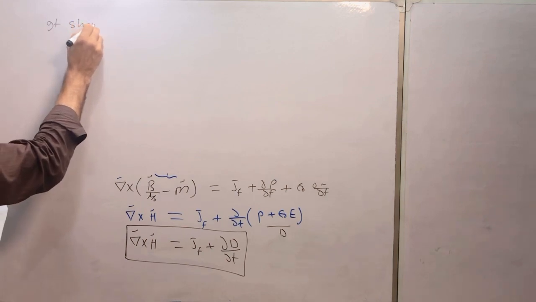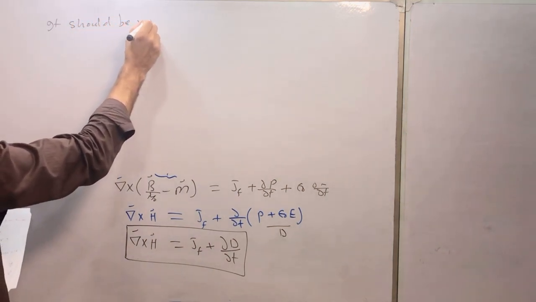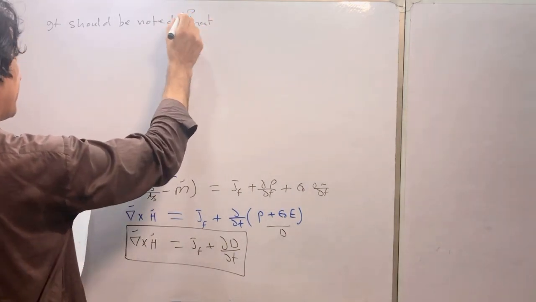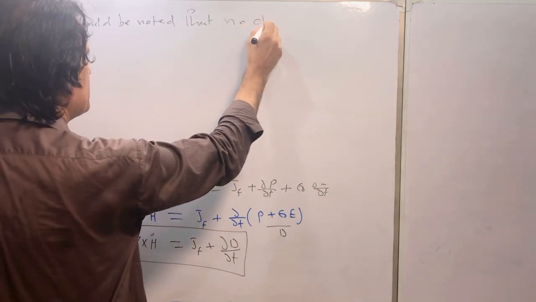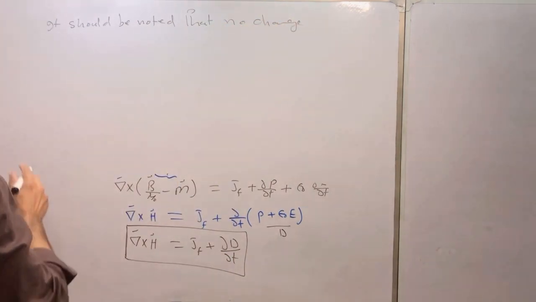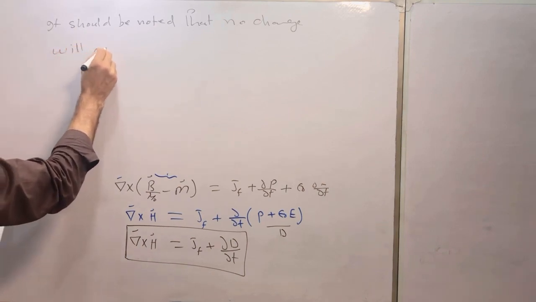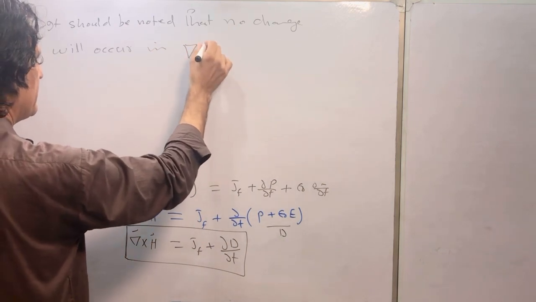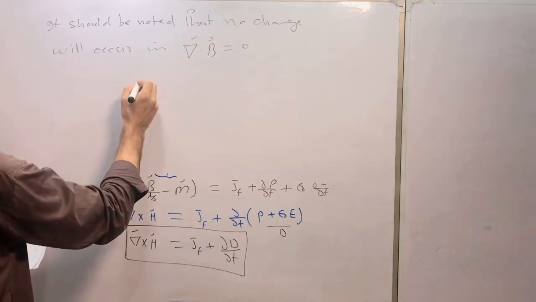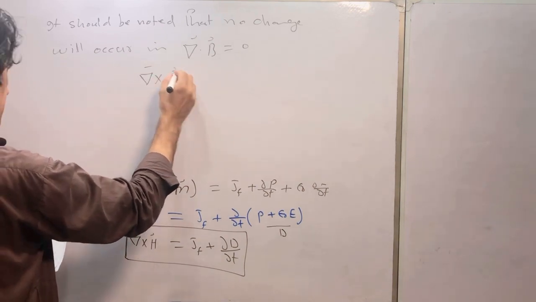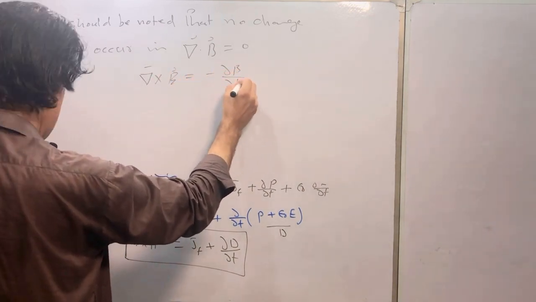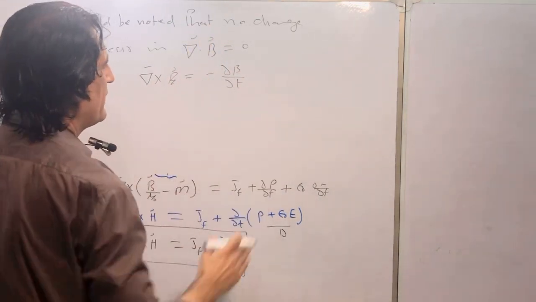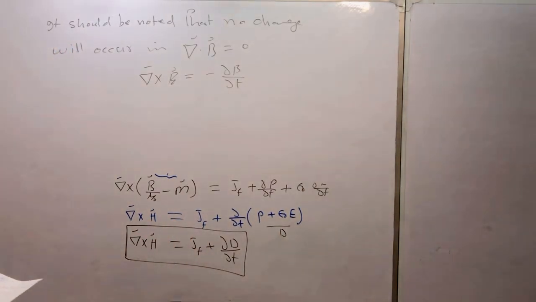It should be noted that no change will occur in the divergence of B equation and del cross E, which is equal to minus partial B divided by partial T, because in these two equations there is no charge density and current density.